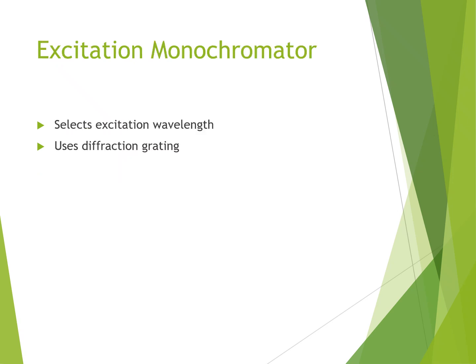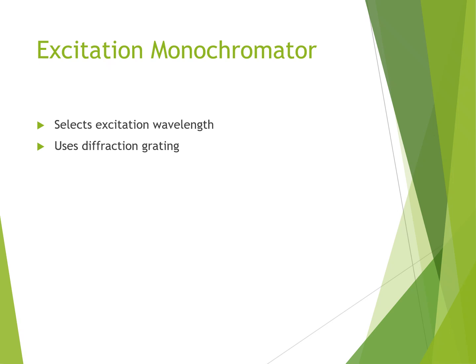As we have discussed in the instrumentation overview, there are two monochromators present: the excitation monochromator and the emission monochromator. A monochromator is used to convert the light into a single wavelength.